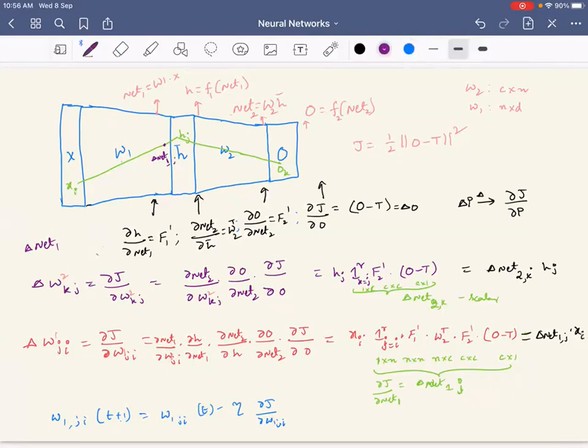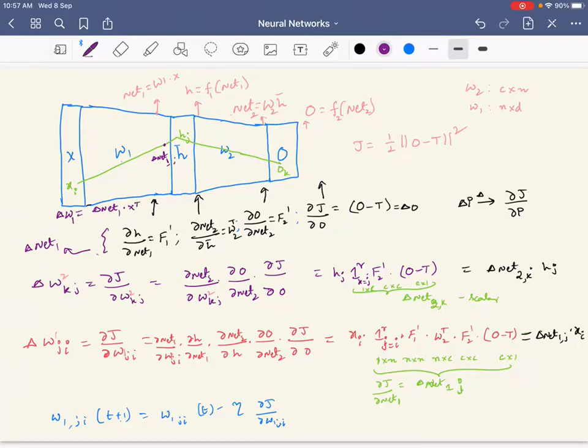So if I write the back propagation up to here, this will help me to write delta net 1, right? If I get delta net 1 here, what is the advantage? Delta net 1 I have already here. And if I want to write delta W1, delta net 1 into X transpose.